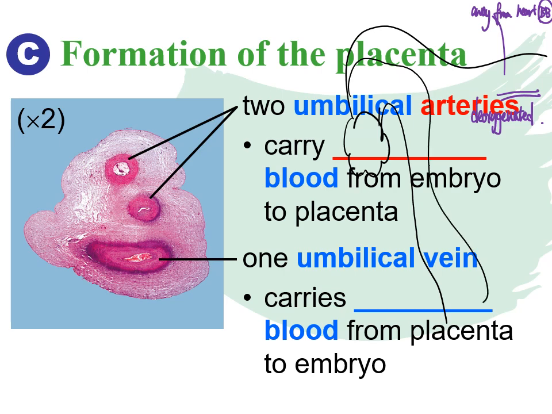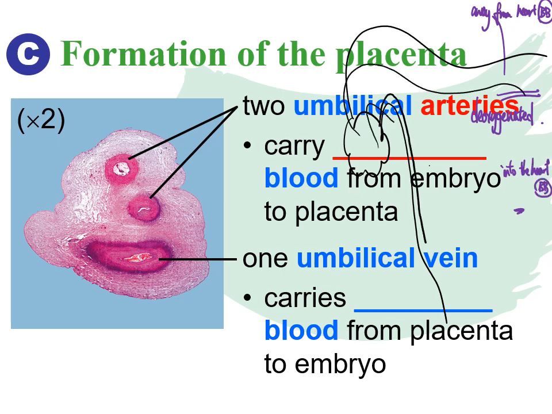While the umbilical vein, it means into the heart of the baby. Therefore, it should carry some nutrients and important materials, right? It should carry the oxygenated blood from the placenta to the embryo.